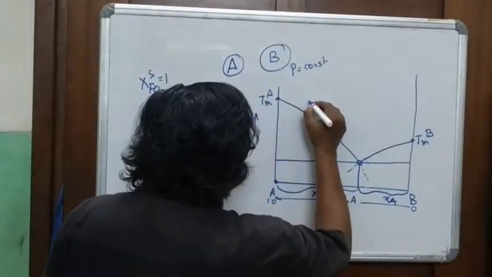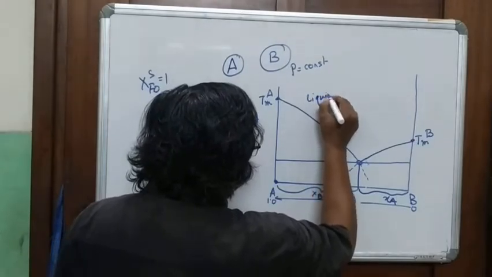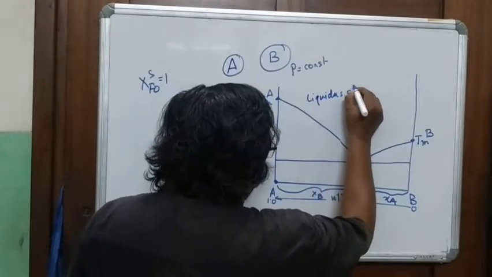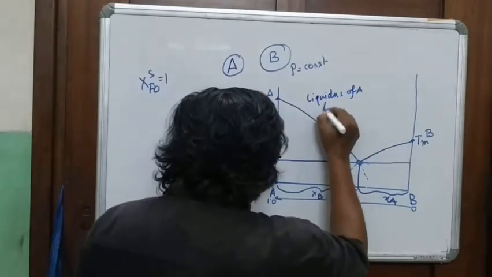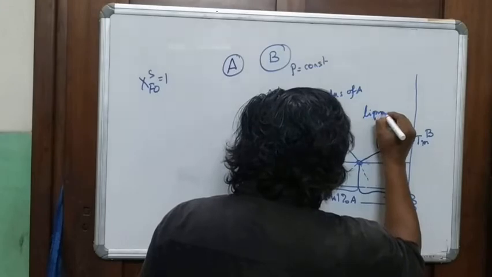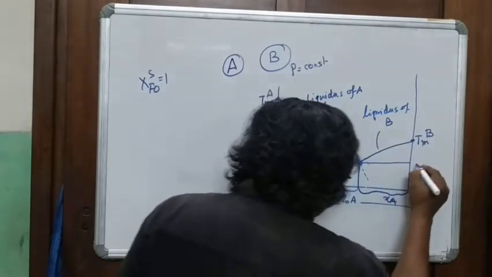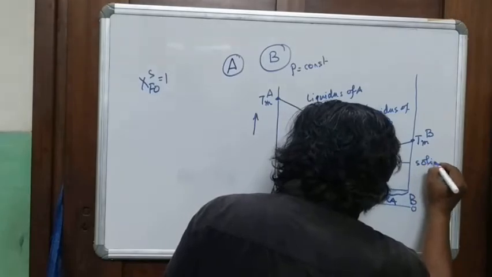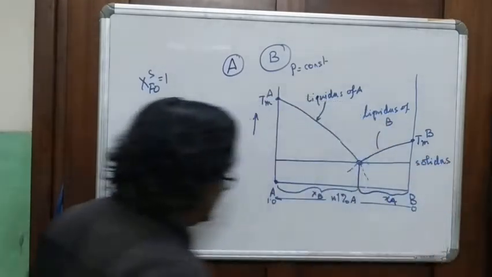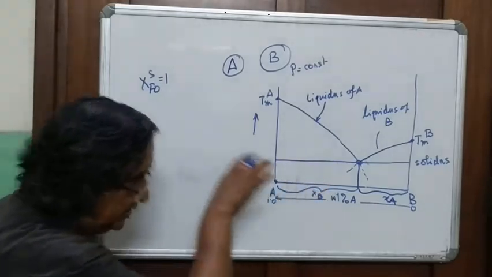So this is called the liquidus of A, this one, and this is called the liquidus of B. And this is the solidus. No melt exists below this.